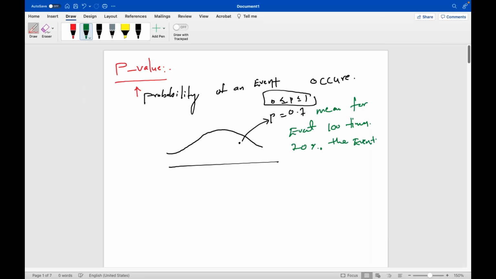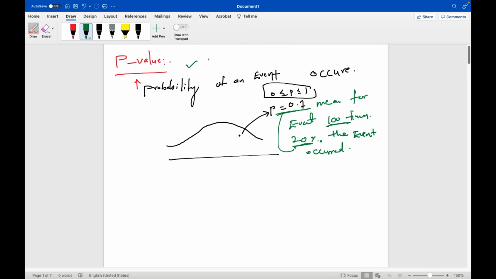That means, when you're doing a particular experiment, this event occurs 70% of the time. Out of 100, this event could occur 70 times. That is the meaning of the p-value. Is it clear?